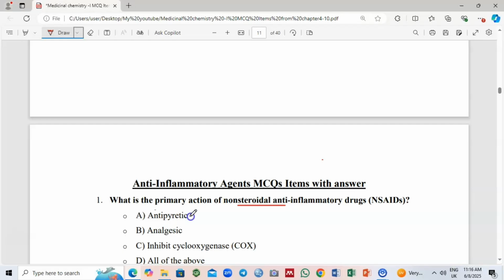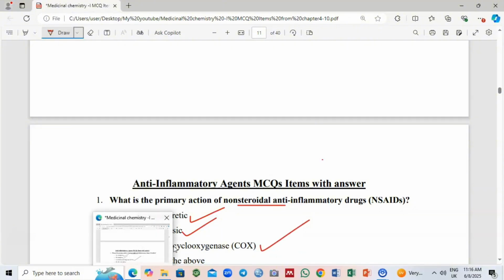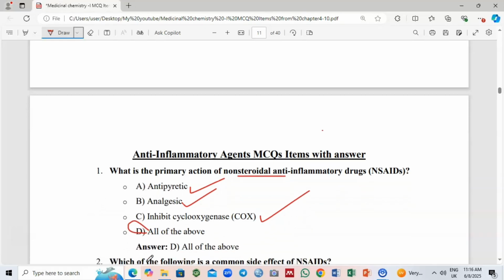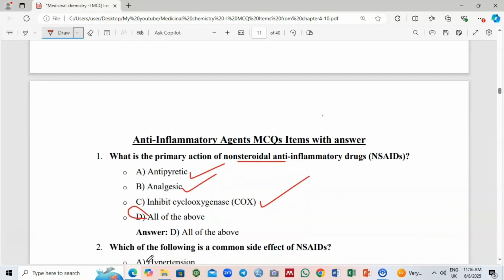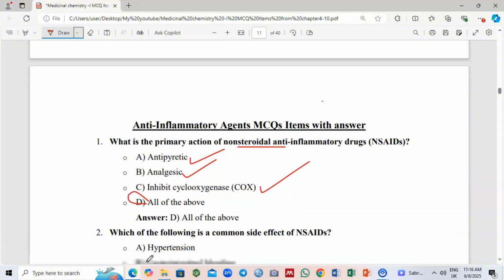Therefore, A is an answer, B is also an answer, C is also an answer. So D, all of the above, is the correct answer because all are effects of non-steroidal anti-inflammatory drugs.